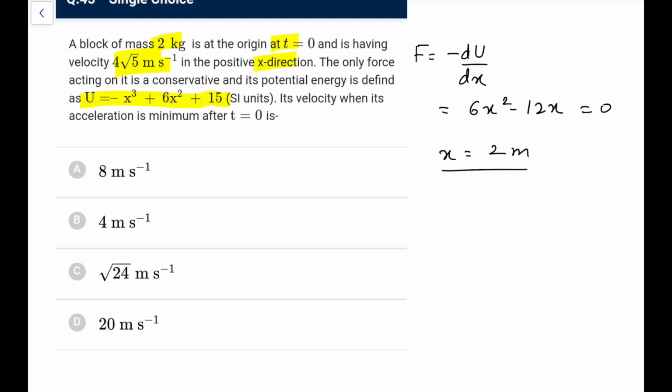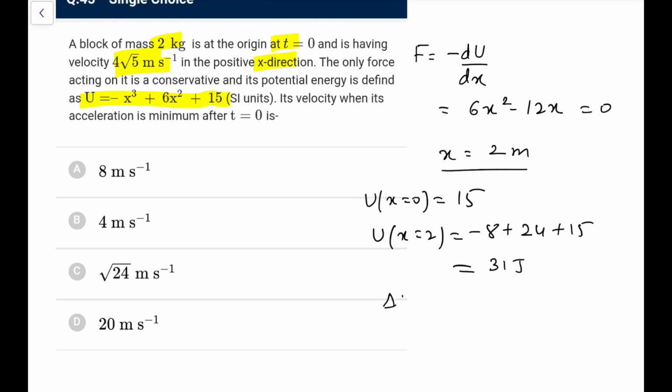So at x equal to 2, you need to find the velocity. Now how you can find the velocity at x equal to 2? You can directly check what is the U at x equal to 0. The U at x equal to 0 was 15. U at x equal to 2 meters is minus 8 plus 24 plus 15. So what you have got? 24 minus 8 is 16, plus 15, that is 31 joules.